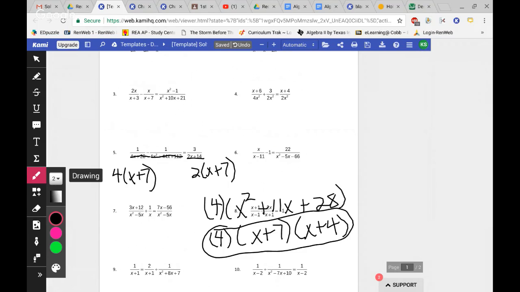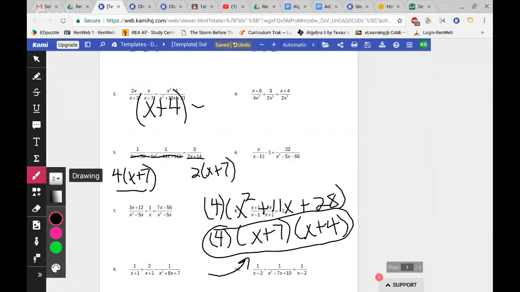So what I'm going to do then is, how many times will this go into this, or what would be left over? The x plus 4. Good job. So you've got x plus 4 times 1, which is x plus 4. And then minus 1.